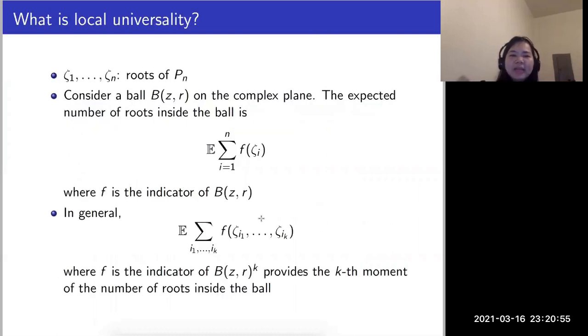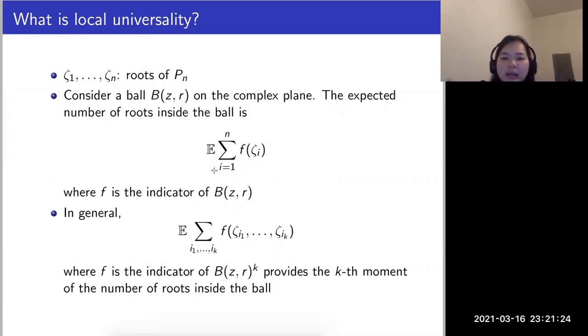So let me explain what I mean by universality. Let ζ_1 up to ζ_n be the roots of P_n, and we consider a fixed ball on the complex plane. For instance, we are interested in knowing the averaged number of roots inside a ball, denoted by the expectation.